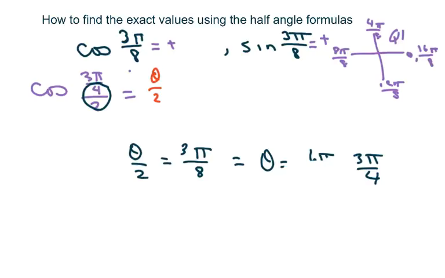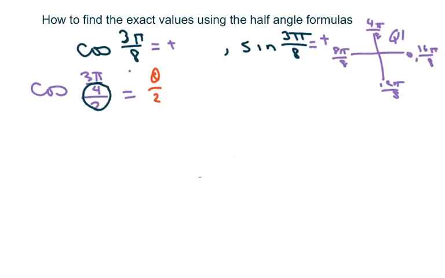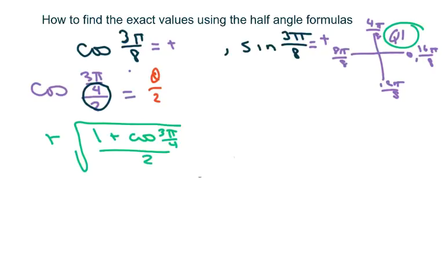So let me erase this. Our angle is 3 pi over 4, and we're in quadrant 1, so we're going to take the positive. This is the square root of 1 plus cosine of 3 pi over 4, divided by 2. Well, cosine of 3 pi over 4 is negative square root of 2 over 2.